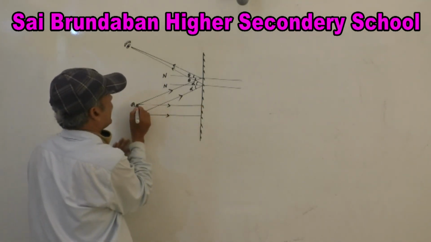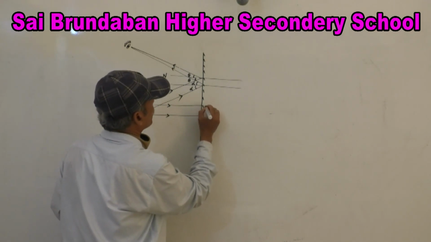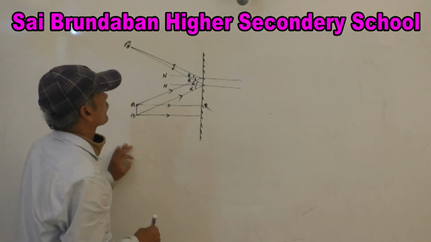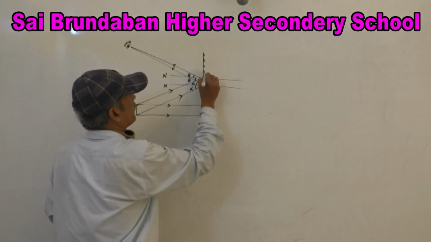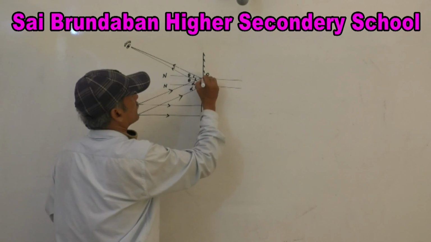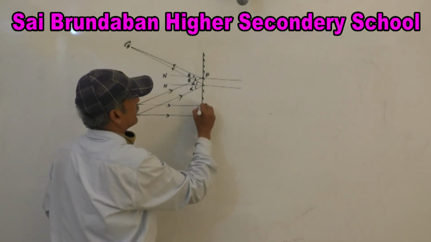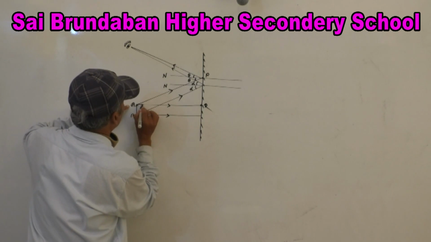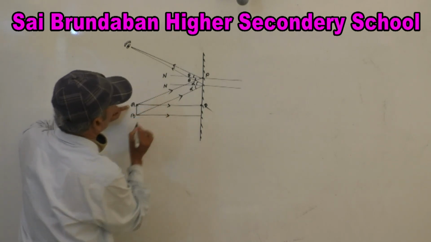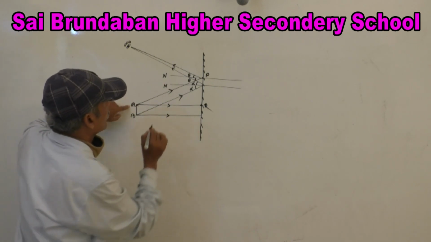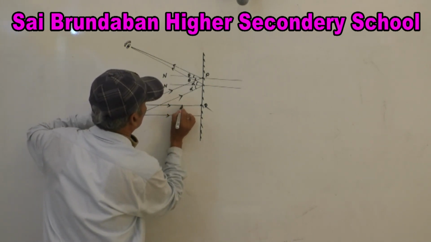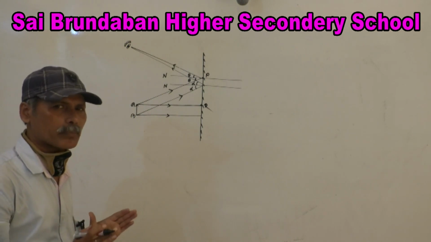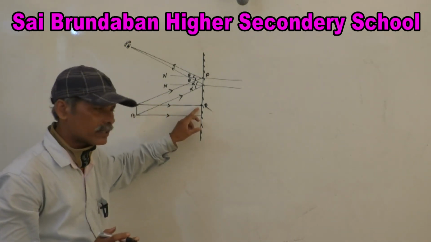One is here, let's say R, and another one is here, let's say P. From A, two incident rays propagate and hit the surface at R and at P.